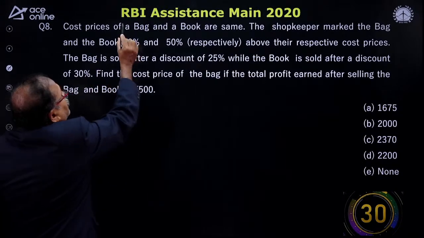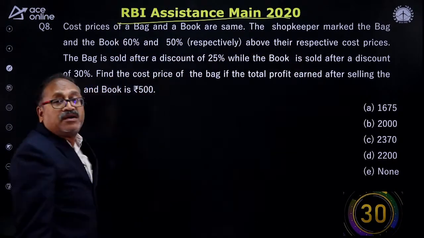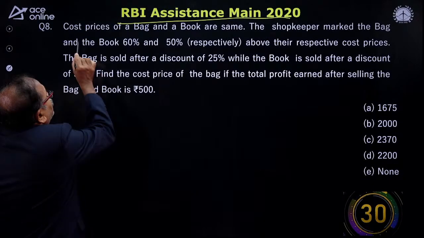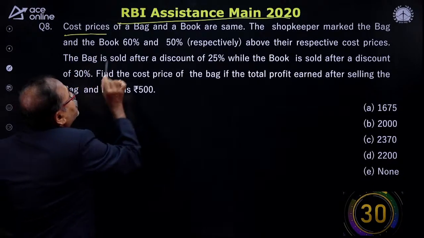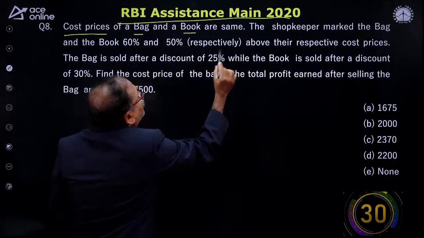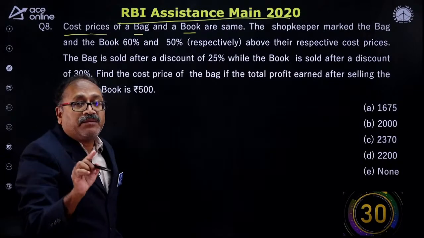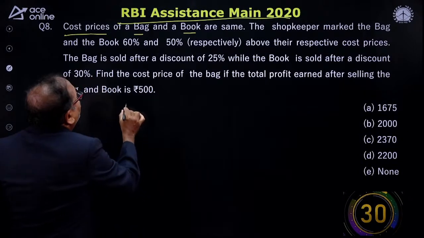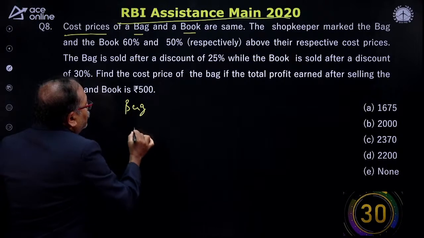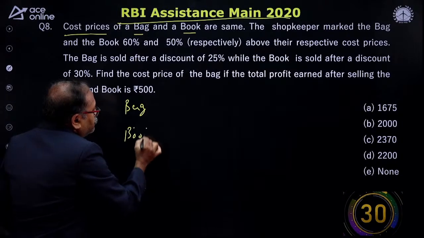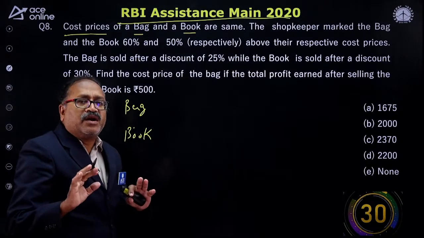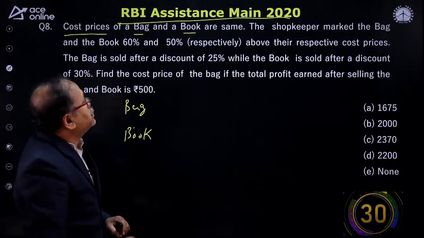Look at this one. All are from the RBI Assistant Main 2020 paper. You are very comfortably answering it. The cost price of a bag and a book are the same. Just come for one hour, very healthy questions, we will discuss it.